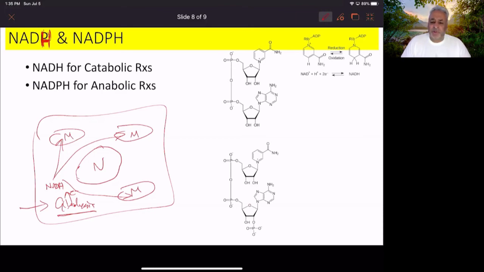The diagrams that you see on the right-hand side of the slide, this one here is NAD+. This one at the bottom is its cousin, NADP+. What's the difference? The difference isn't that great.